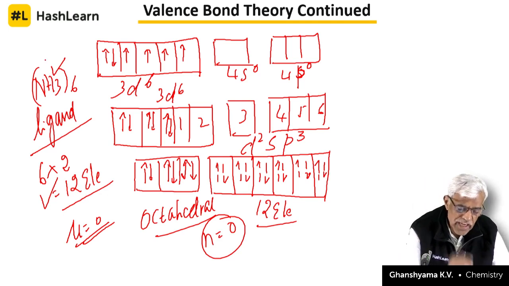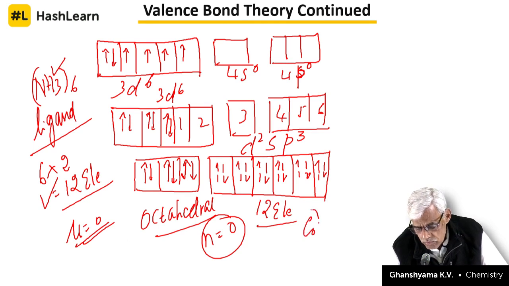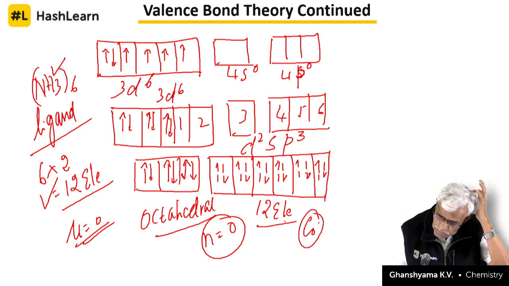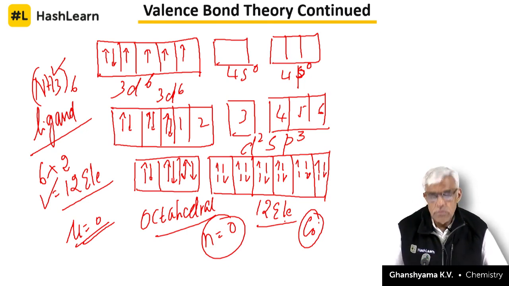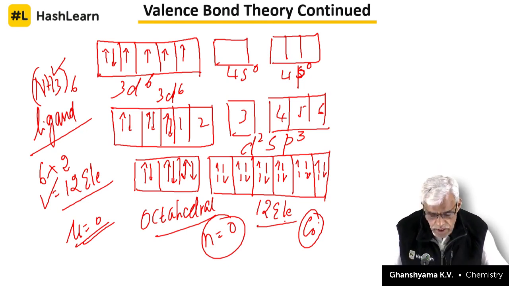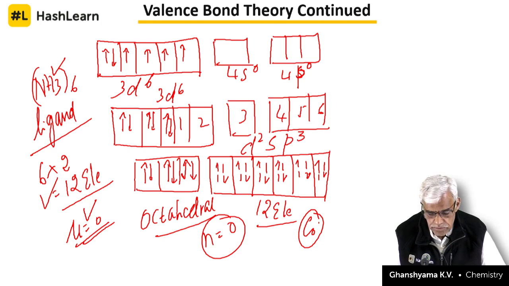So if the ligand is strong, CO, cobalt, similarly we can apply it to others, it shows the inner complex formation where mu is equal to 0, diamagnetic.